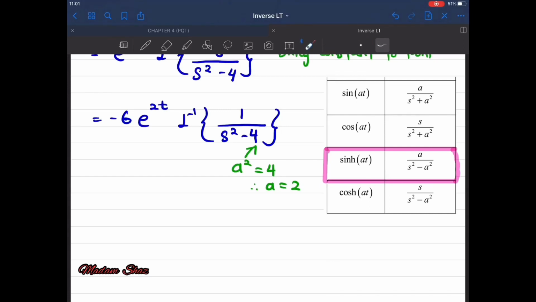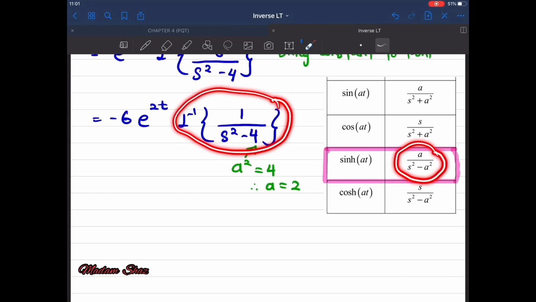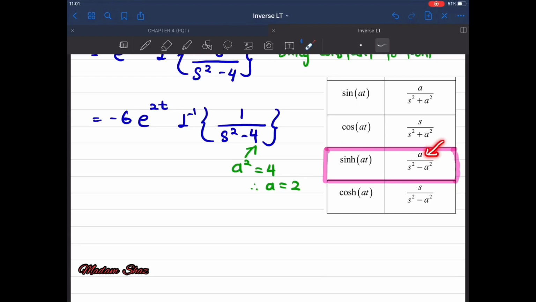So now you have to write back Laplace inverse 1 over s squared minus 4 in terms of a over s squared minus a squared. So it must be the value of a at the upper side. From the original here we have 1, so you have to write it back in terms of a over s squared minus 4.